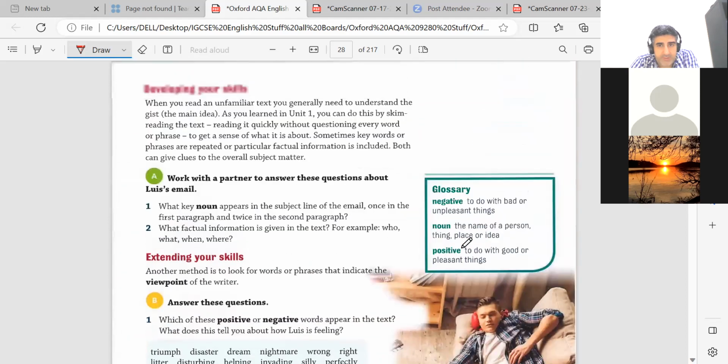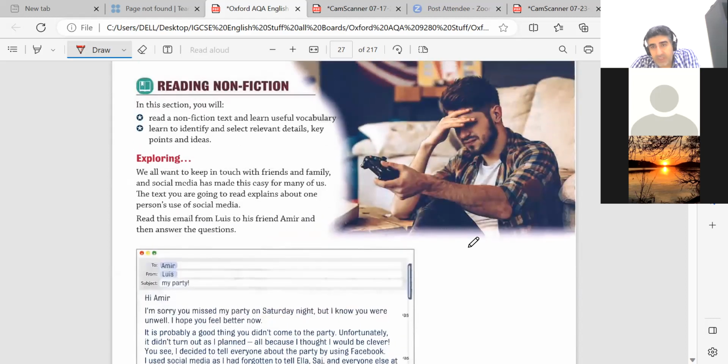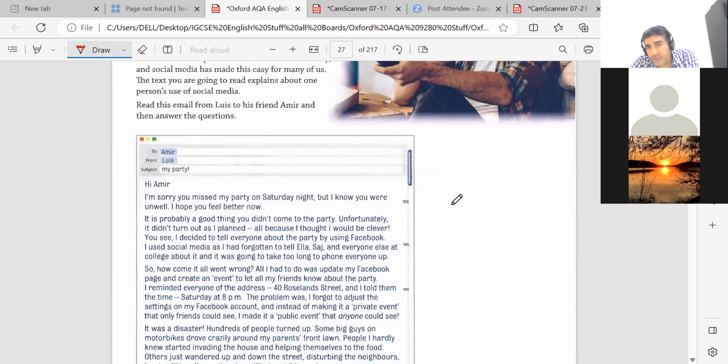You can do it as self-study, by the way. Okay, you already know how to skim and how to scan the passage. So as I told you before, reading and listening questions should be assigned for your self-study because you need time to do them.